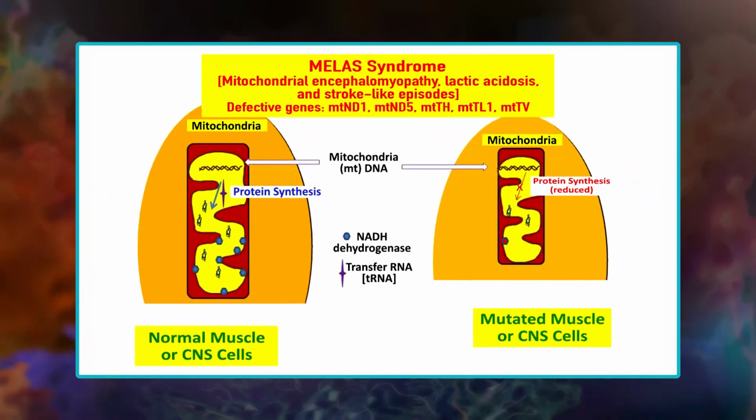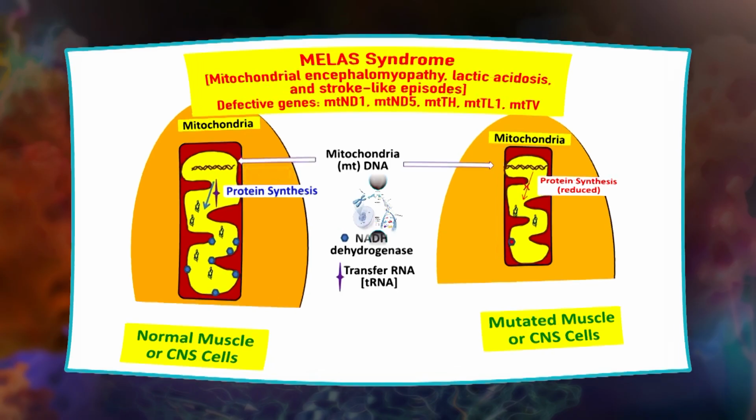As with all eukaryotes, there are 22 mitochondrial tRNA genes in humans. Mutations in some of these genes have been associated with severe diseases like MELAS syndrome.